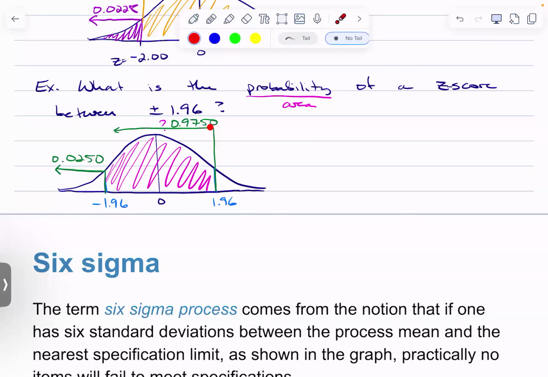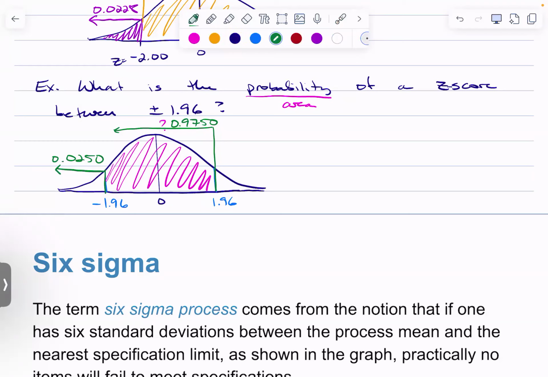Now I know that this area all the way down is 0.9750. What if, instead of lopping off the tails from 1, I just lop off this 0.025? Then I'm left with the area I want. That's another option, right? And you would find that you would get 0.95, however you slice and dice this.